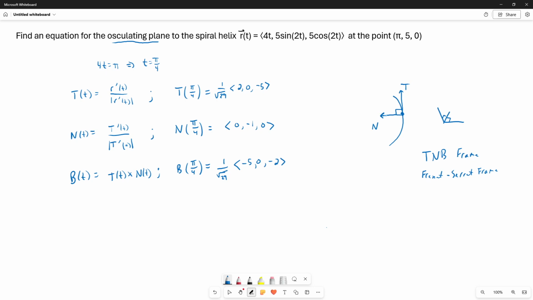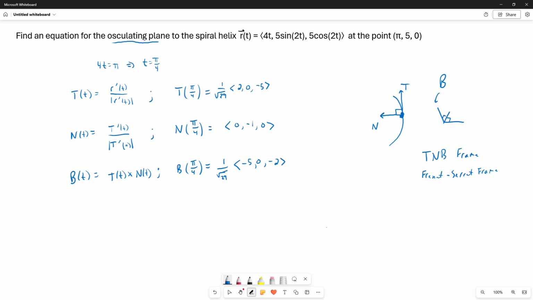The normal vector tells you what direction the curve is bending. And then the binormal vector, which would be the one in this case sticking straight up out of the screen, that vector is perpendicular to the plane that the curve is in near this point. And that plane is called the osculating plane.